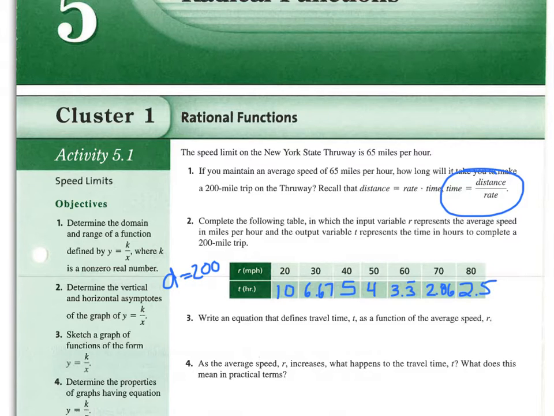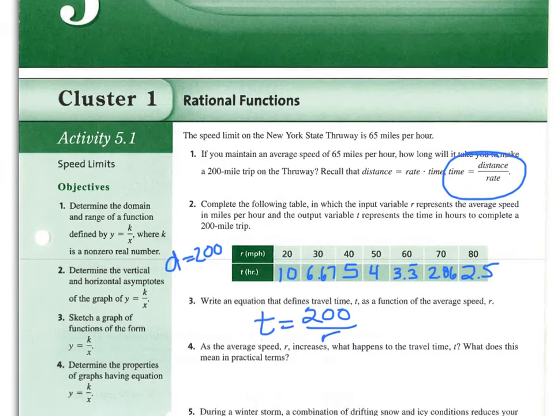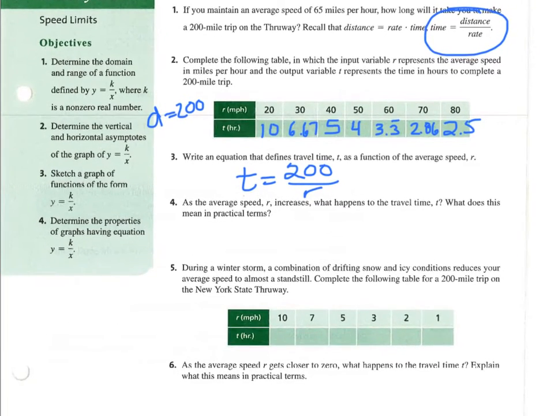Write the equation that defines the travel time in terms of the speed. My travel time is going to be, we're keeping the distance set, so that's why I'm going to put 200 over whatever rate that I go. So what happens as we increased our r, what happened to our time?